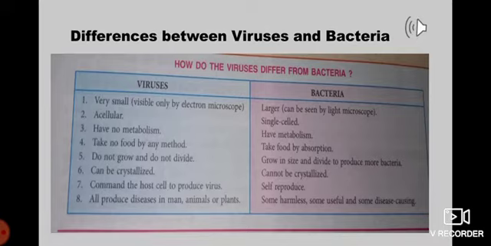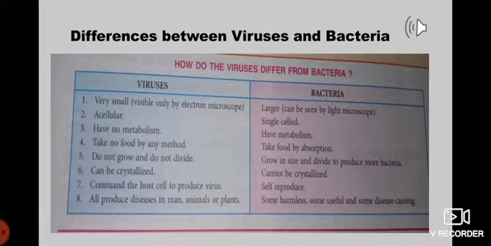Whereas bacteria are larger and can be seen by a light microscope also, so it does not need a much higher magnification to watch the bacteria under the lens. It can easily be visible by a light microscope. So we can say in this context that bacteria are a bit larger than viruses.